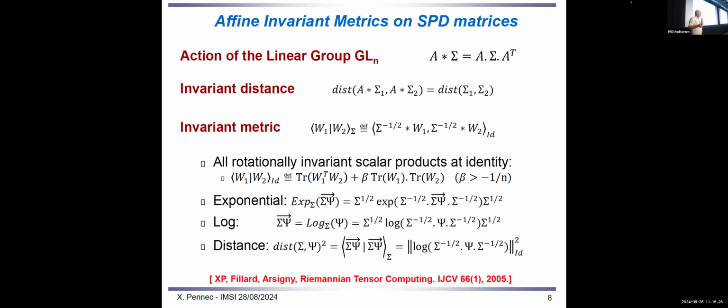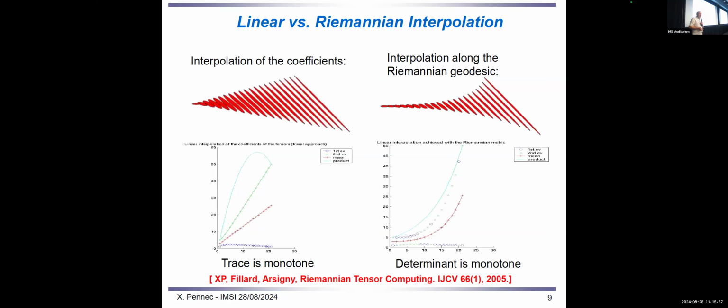What's nice here is we can implement things. The formulas by themselves are not important. The only thing is we can put that in the machine and it's going to compute. If we look at the interpolation from this matrix here to this one, this is what we get with the Euclidean metric on this side, and with the Riemannian geodesics, and it has different properties.